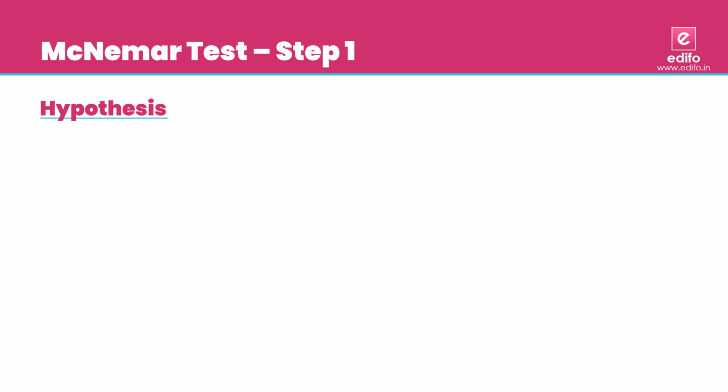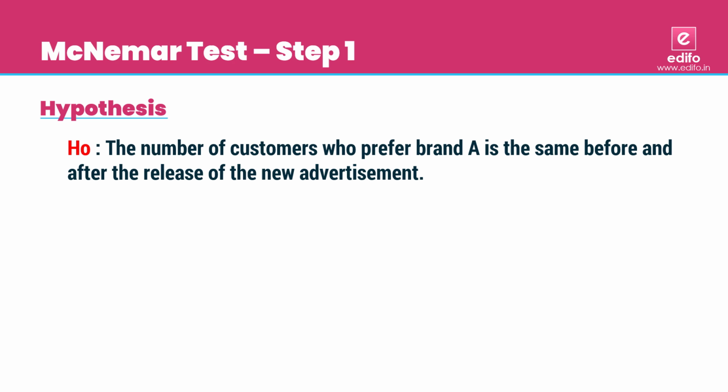Here is the null hypothesis. The number of customers who prefer brand A is the same before and after the release of the new advertisement. That means before and after the advertisement, the number of persons using our brand is the same.